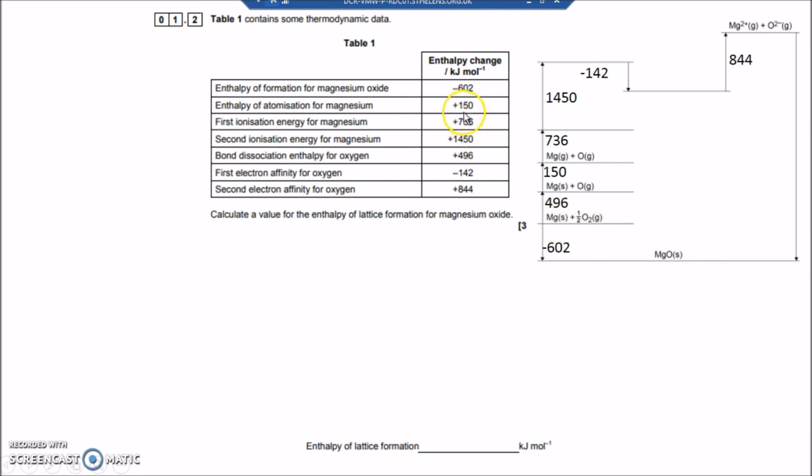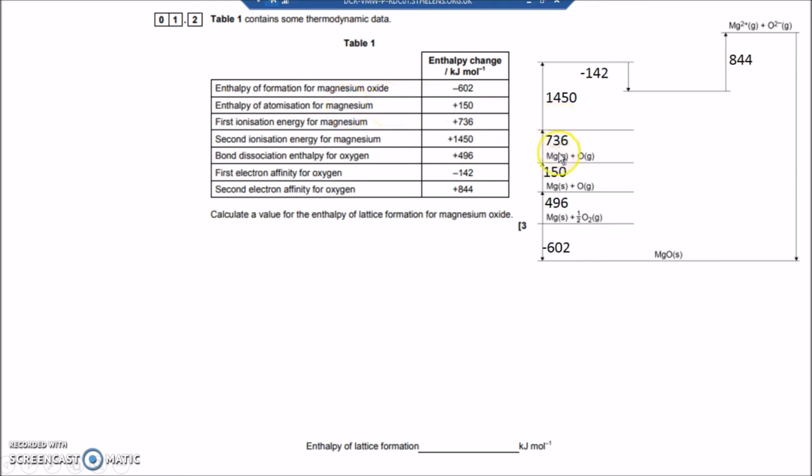And then I've put oxygen going from O2, half a mole of O2, into O, that's the bond dissociation enthalpy of oxygen, so that's a 496 here. And then we've got magnesium atomization, magnesium solid going to magnesium gas, so that's 150, the enthalpy of atomization of magnesium.